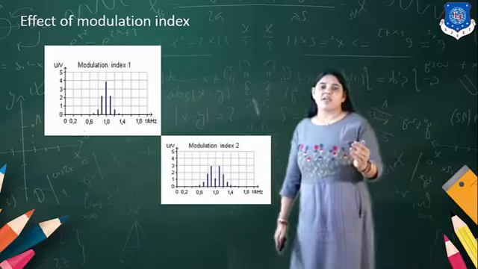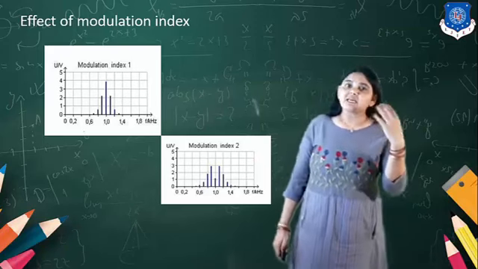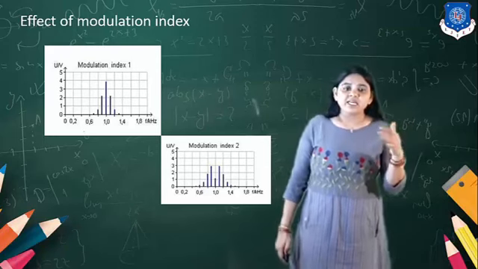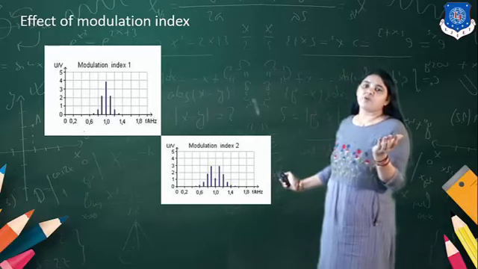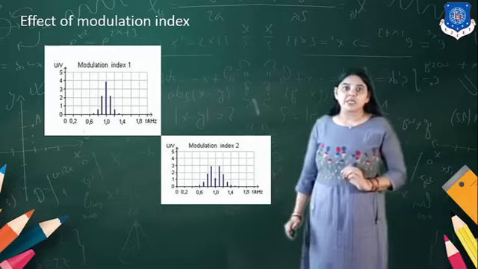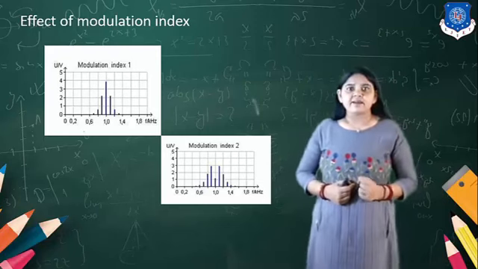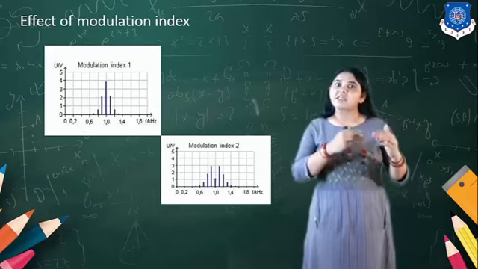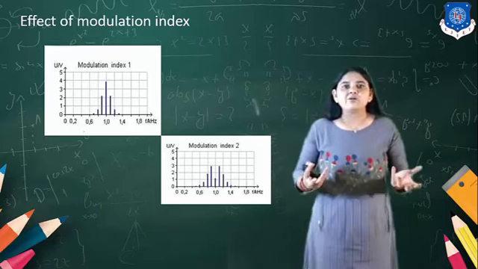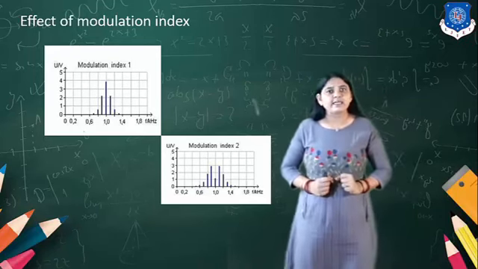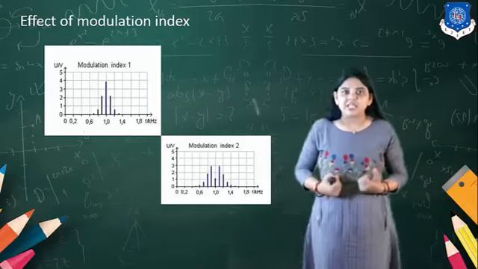So you can see that as the modulation index increases, the number of sidebands also increases. That gives us an idea about the bandwidth requirement.